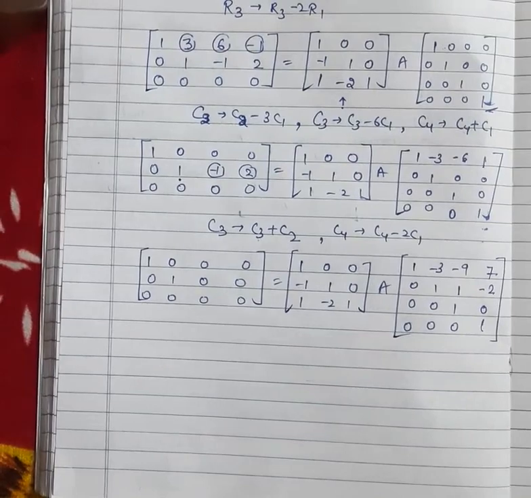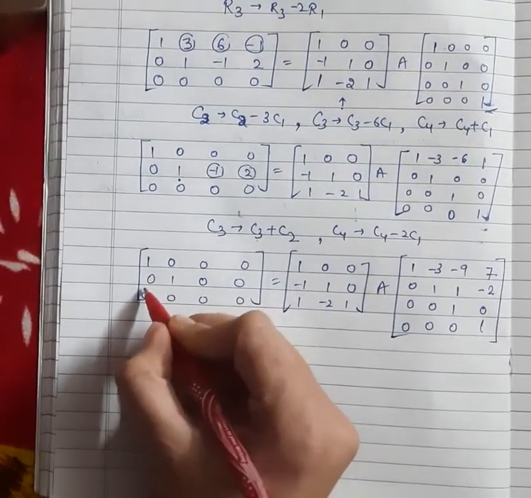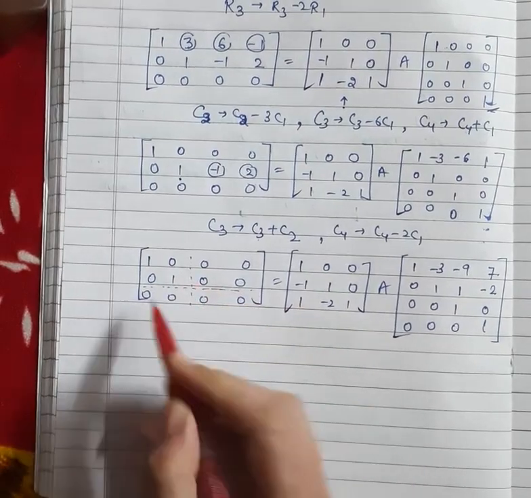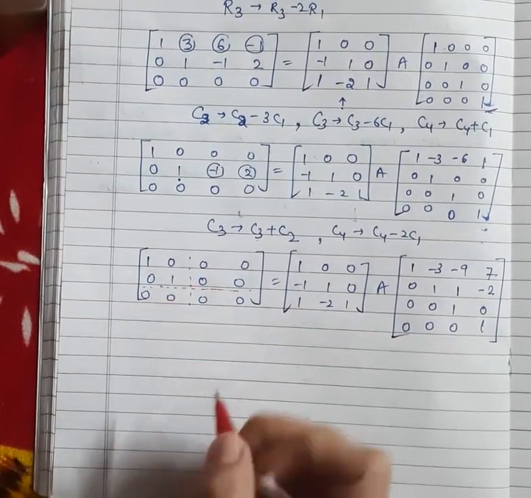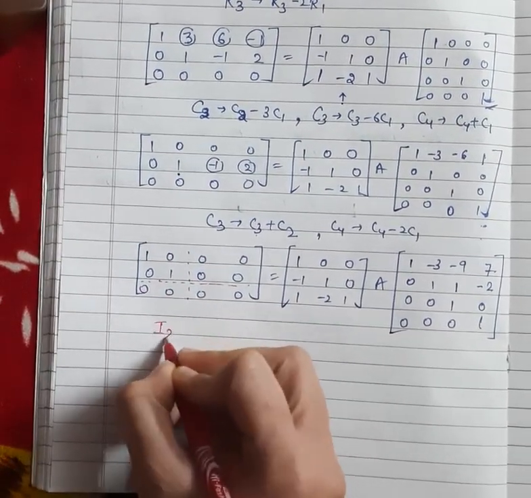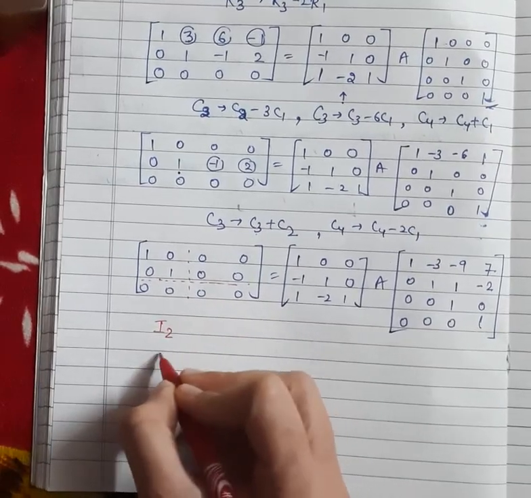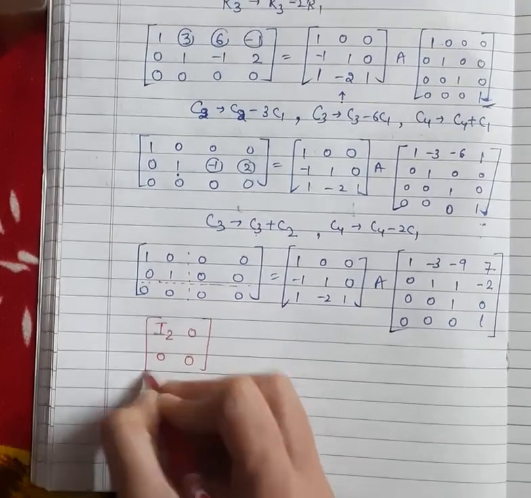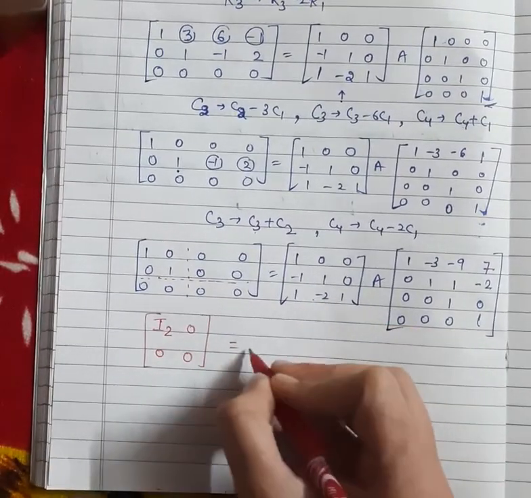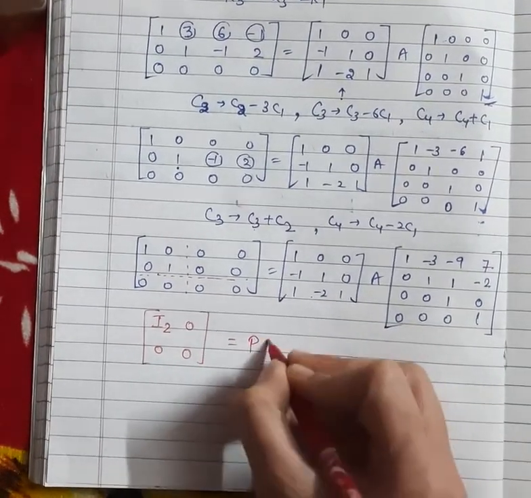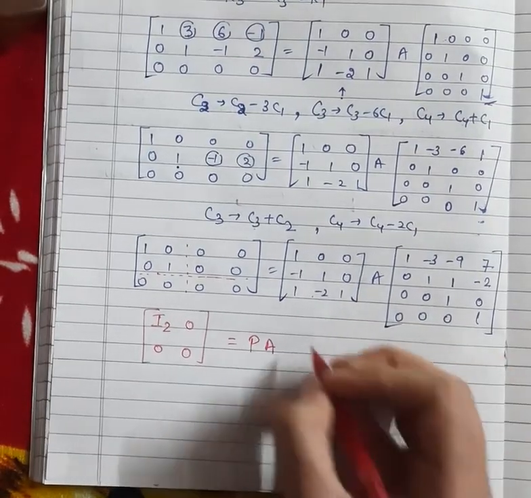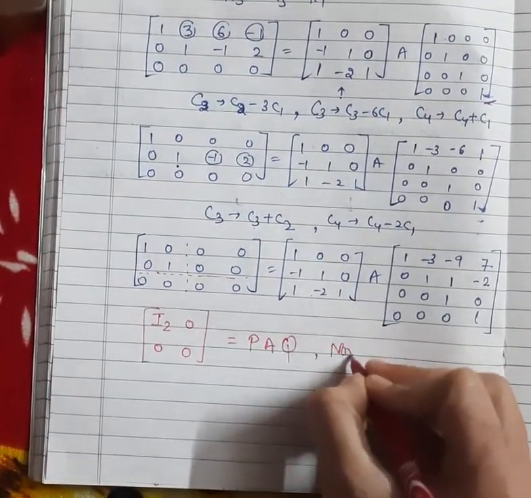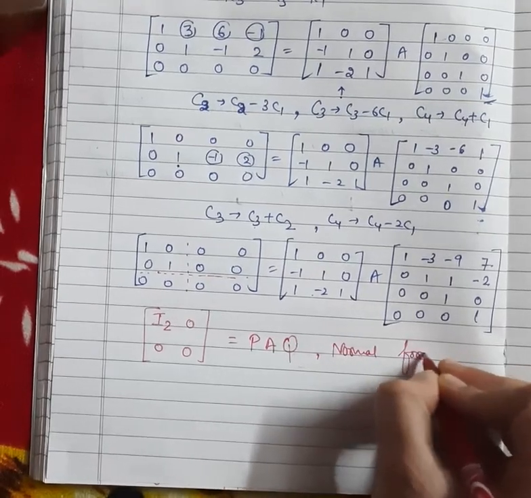Now as we can see, on the left hand side we have achieved the desired normal form. This is the identity matrix of order 2. We can write it like this, I2, and the remaining elements are zeros. The first matrix can be renamed as P, A will remain the same, and the second transformed matrix can be renamed as Q, which gives the desired normal form.